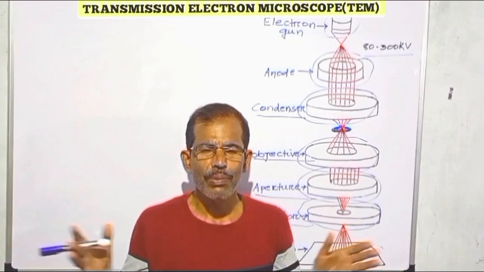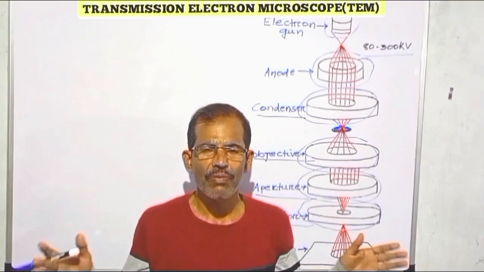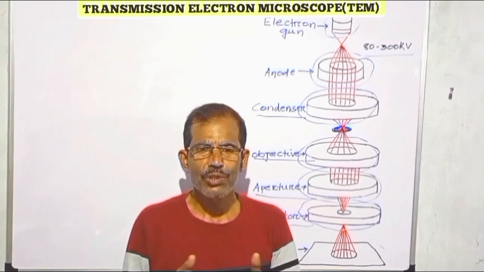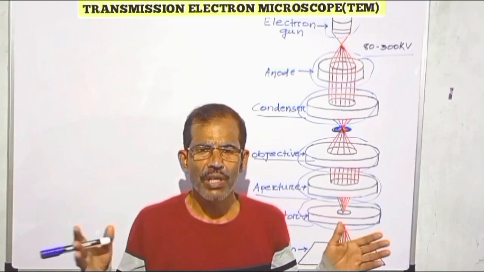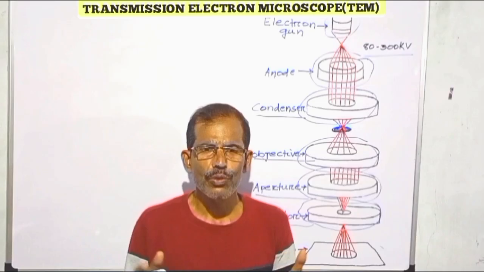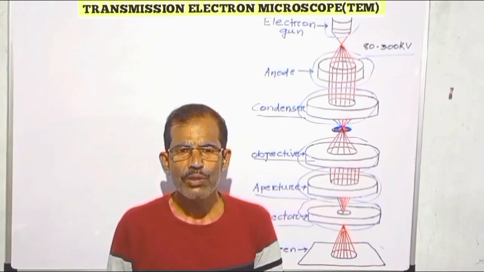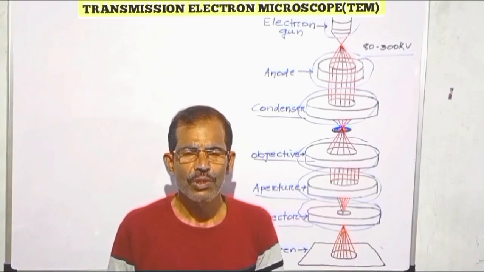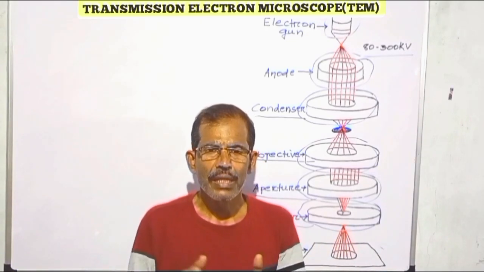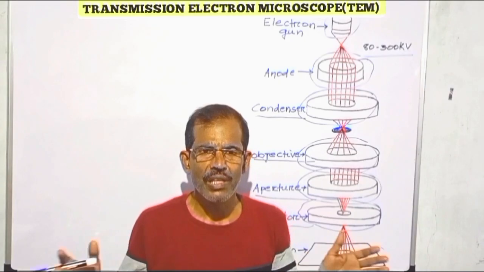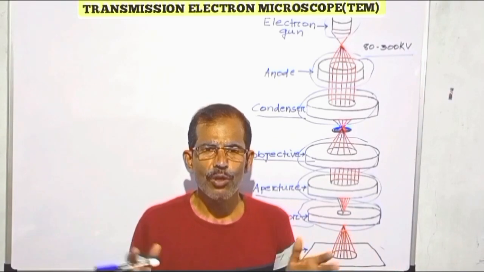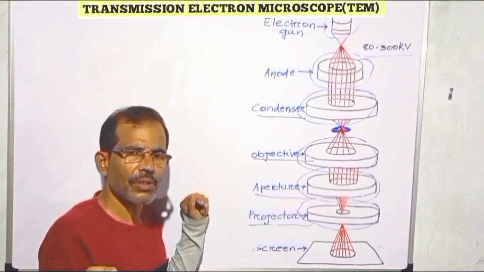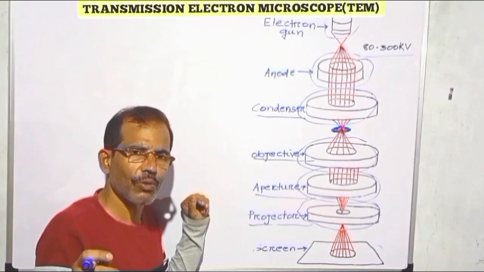As the wavelength of an electron is more than 10 to the power 5 times smaller than that of visible light, the resolution of TEM is very high, about 0.1 nanometer. Because of this, by transmitting a beam of fast-moving electrons through the specimen, TEM reveals nanoscale, molecular and atomic level details of different specimens.